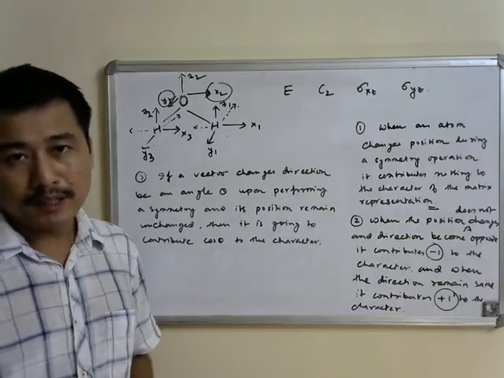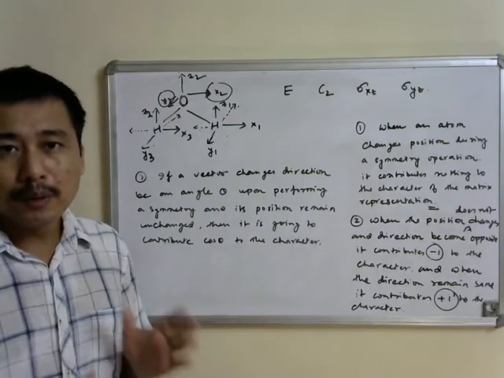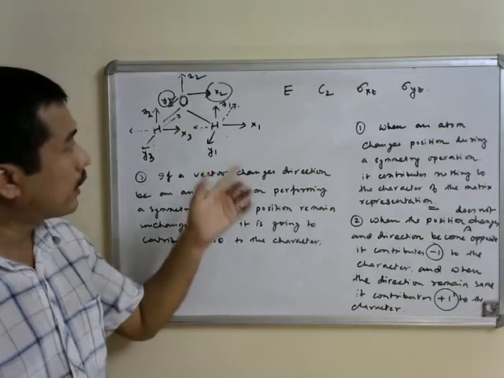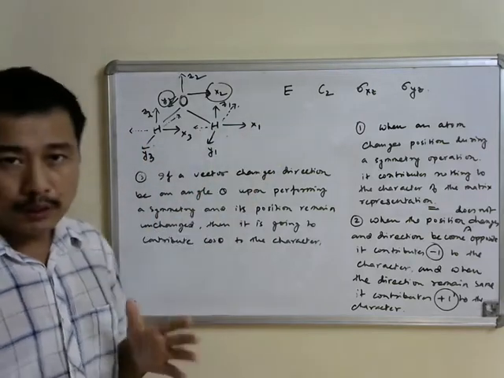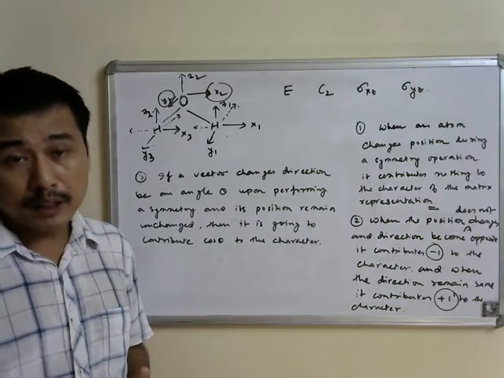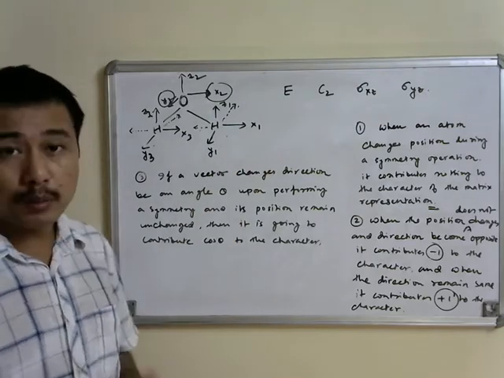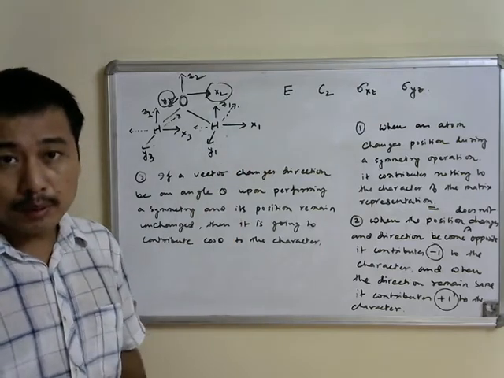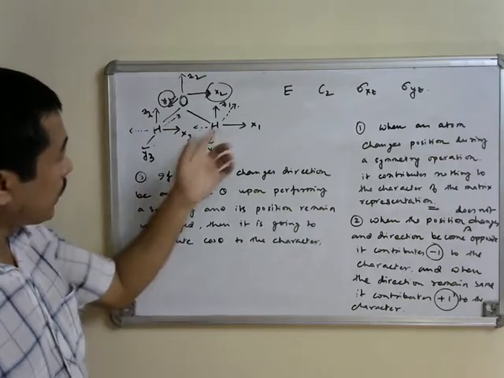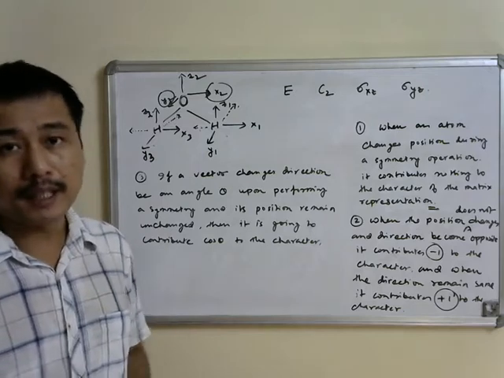So each of these displacement vectors contributed +1 to the character of the matrix, and that is why for the identity operation we wrote a 9-dimensional unit matrix as the matrix representation, and the character of the matrix is equal to 9.